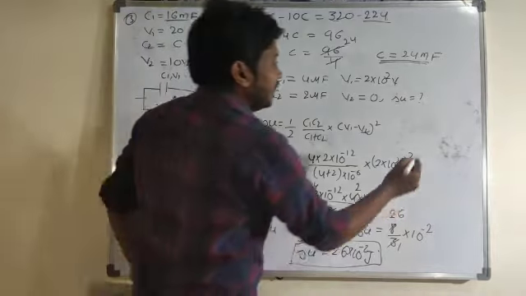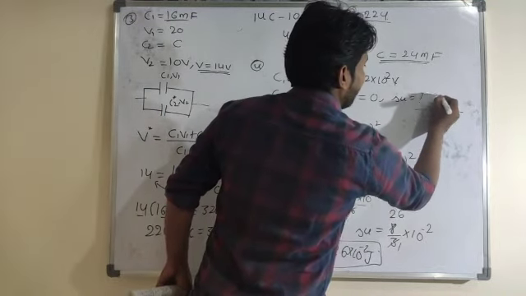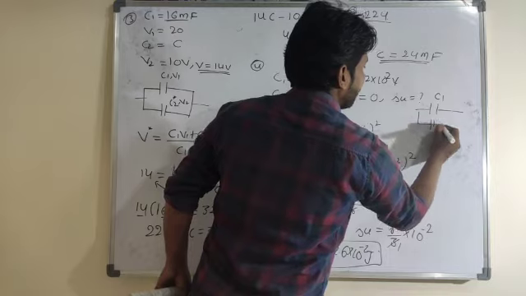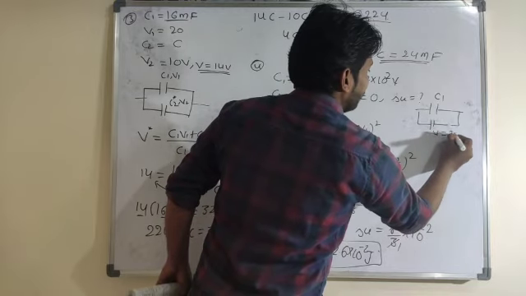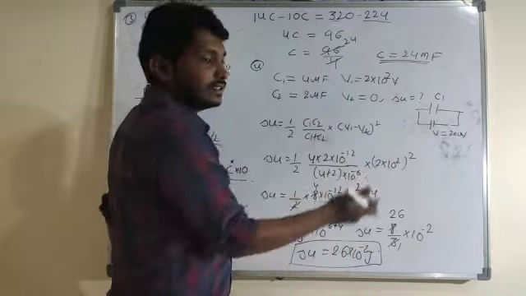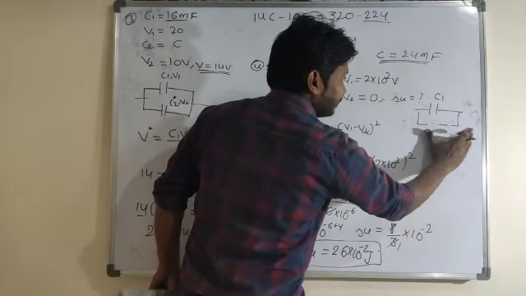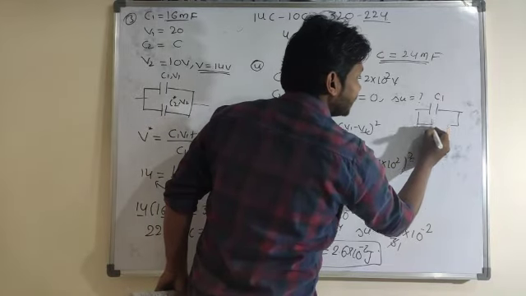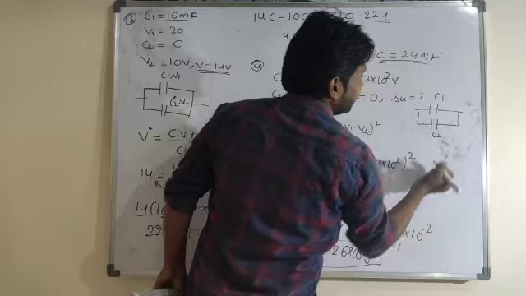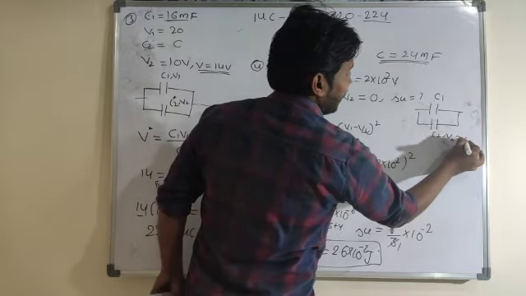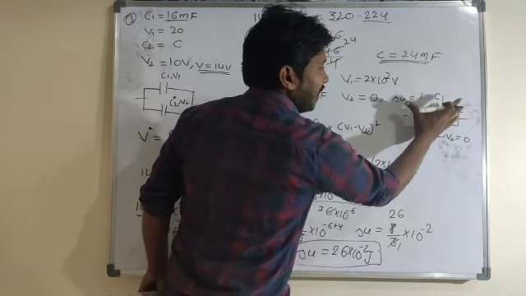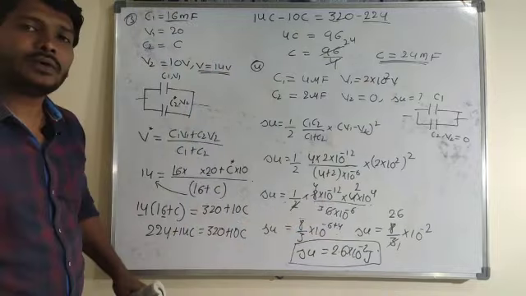So look here. Initially we have one capacitance. It is connected to a battery of 200 volt and then disconnected from the battery. They mention it is connected to another uncharged capacitor, so its V2 value is 0. In this situation, how much energy is lost? I need to find out.